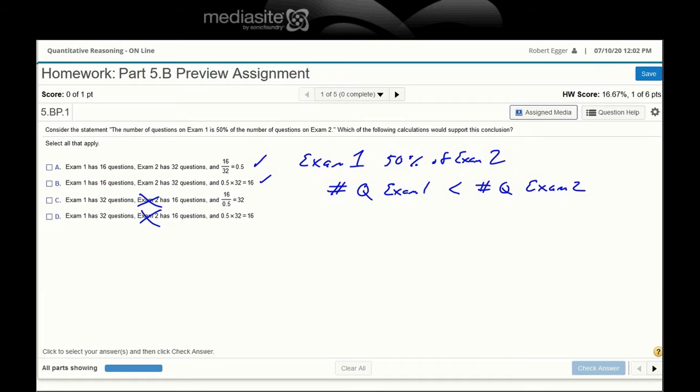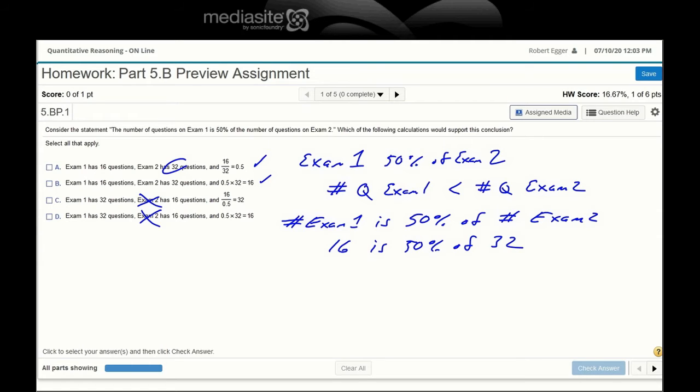So again, the number of questions on exam 1 is 50% of the number of questions on exam 2. Looking at the questions here, exam 1 has 16, so 16 is 50% of exam 2, which is 32.